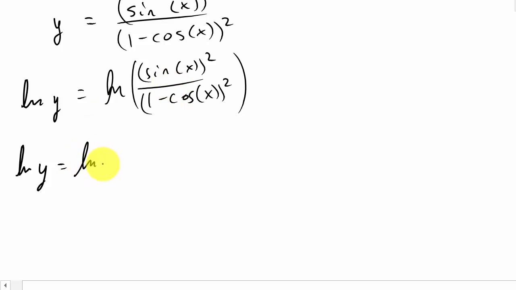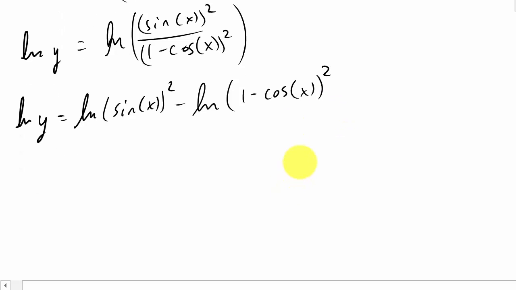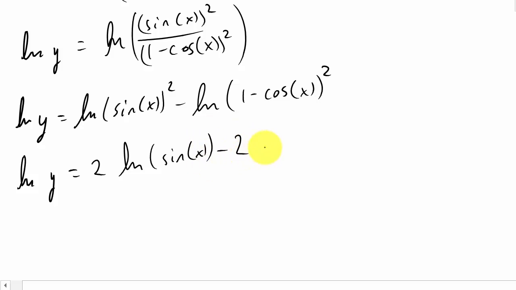So that's natural log of sine x squared minus natural log of 1 minus cosine x squared. Then we have a property that says we can pull the exponents down in front. So that's natural log y equals 2 natural log sine x minus 2 natural log 1 minus cosine x.